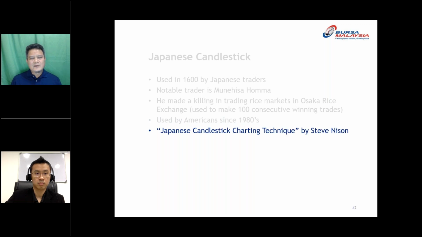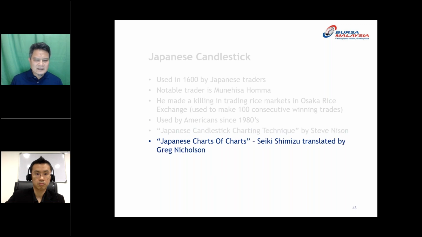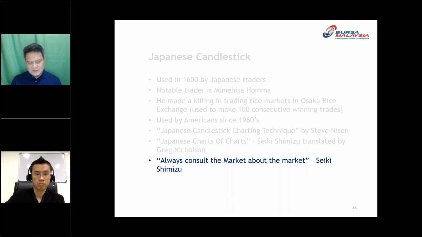The first book written about the Japanese candlestick was by Steve Nison. The name of the book is Japanese Candlestick Charting Techniques, still available in the market. Then there is Japanese Chart of Charts by Seiki Shimizu, translated by Greg Nicholson, and also Always Consult the Market by Seiki Shimizu.